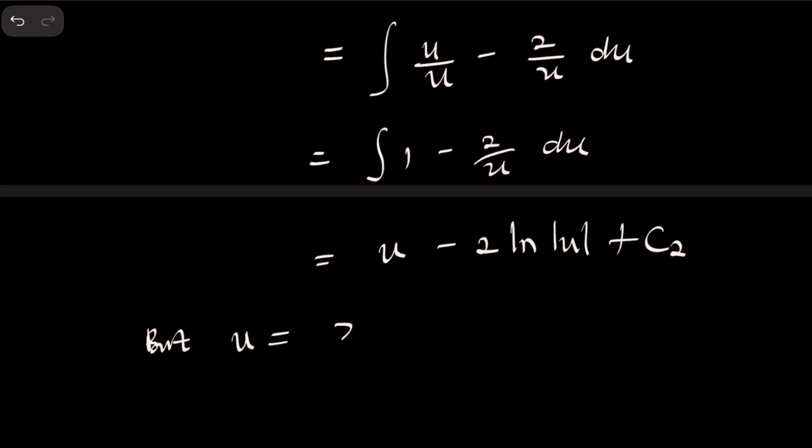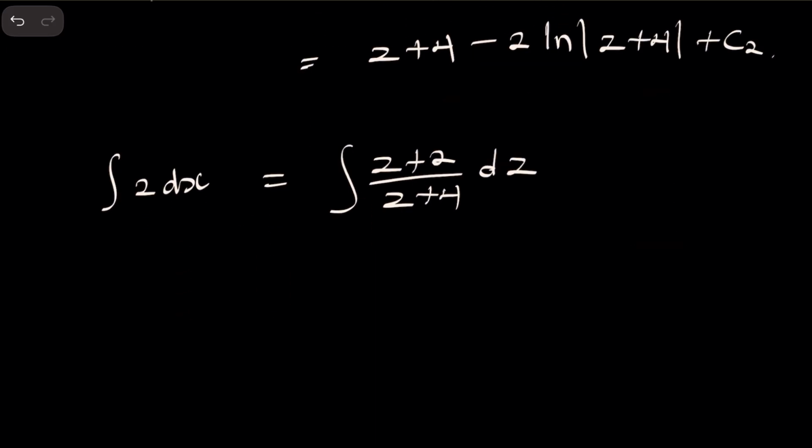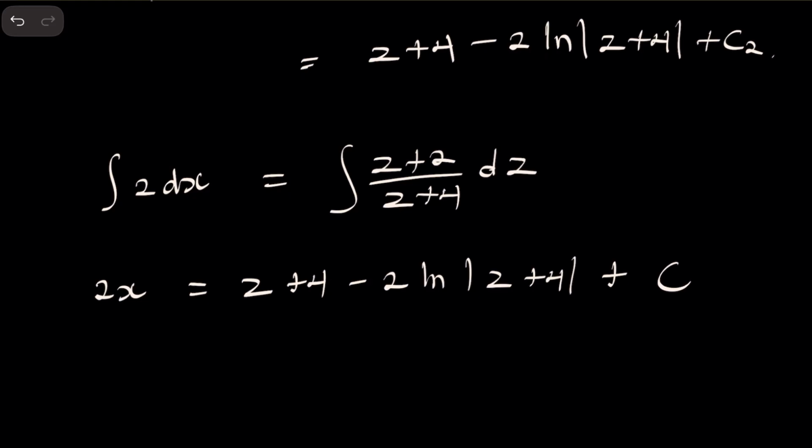But u is given as z + 4. And so we are going to have our final answer to be equal to z + 4 - 2 ln|z + 4| plus a constant c2. Thus, our integral will be given as 2x = z + 4 - 2 ln|z + 4| plus a constant c.